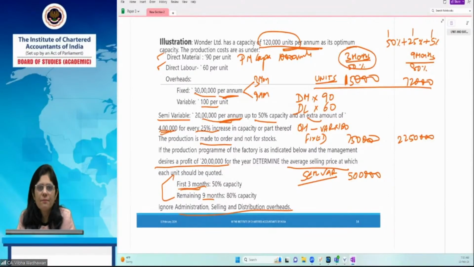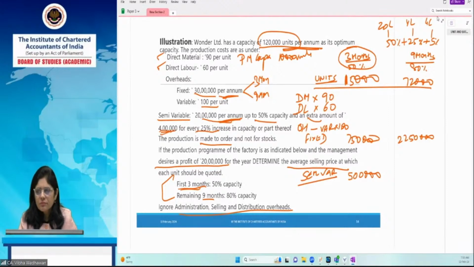So from 1% till 25, however much the increase, the amount will be 4 lakh. So total semi-variable overhead applicable is 20 lakh plus 4 lakh plus 4 lakh. So 20 lakh for 50%, 4 lakh for next 25, plus 4 lakh for anything extra beyond 75.